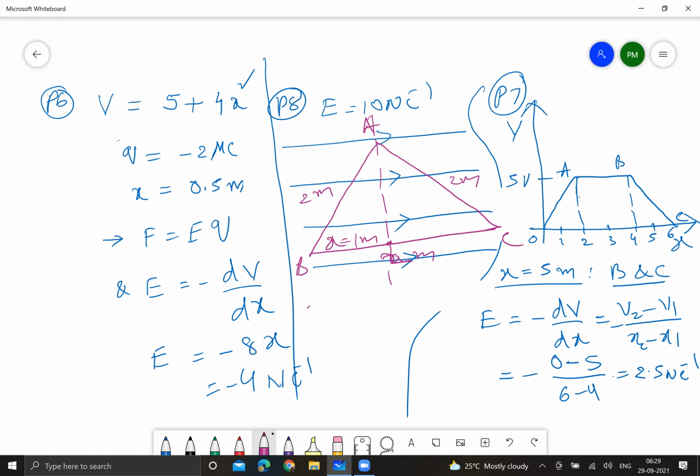And you know, VA minus VB will be minus E dr or dx. So it is minus 10 into 1, minus 10 volts. They are simple, but students will be missing the clarity.